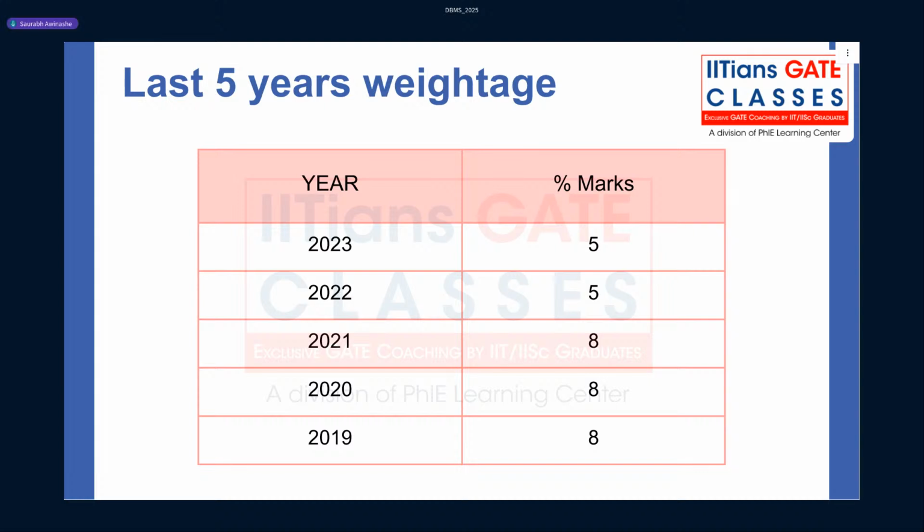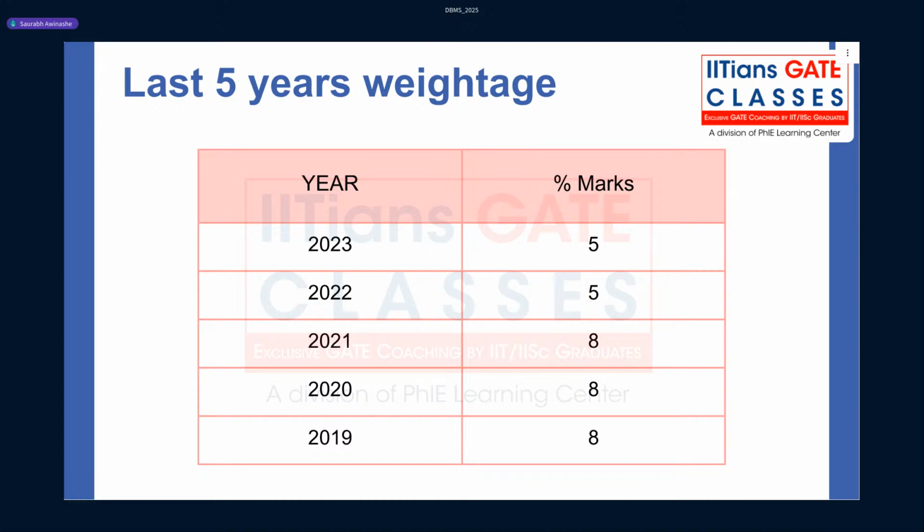Why we need to focus on DBMS per se is the weightage that is given, right? So in 2023, 5% of weightage was for DBMS, and 2022 had 5% weightage again. 2021 had 8%, 2020 had 8%, and 2019 had 8% again.